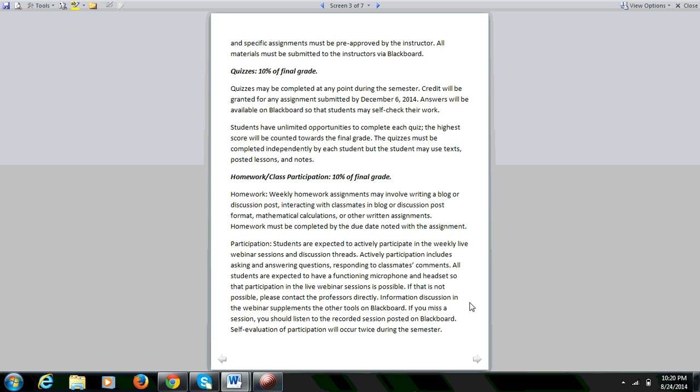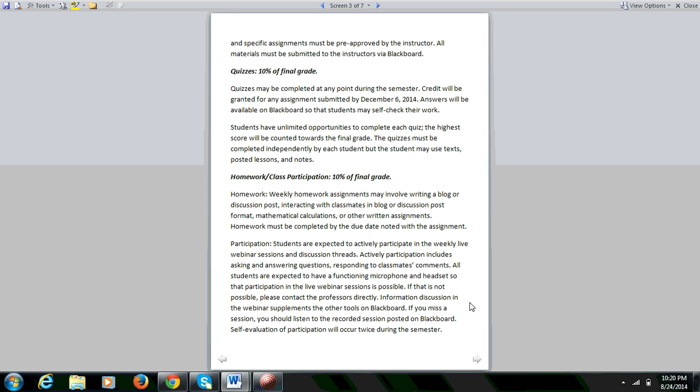There's also a homework class participation grade. For homework, there are several optional assignments for calculations that are really for your benefit. Those don't really calculate into your grade. But there are also some other homework assignments with specific due dates that are writing some blogs, or participating in discussion threads. Those do have due dates, and they should be completed by that due date.